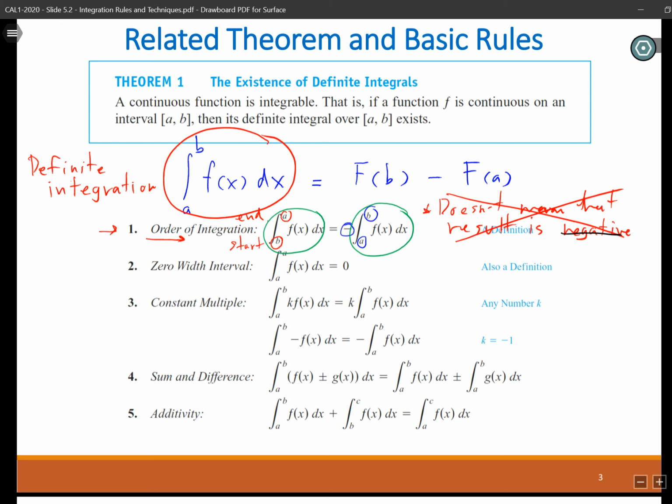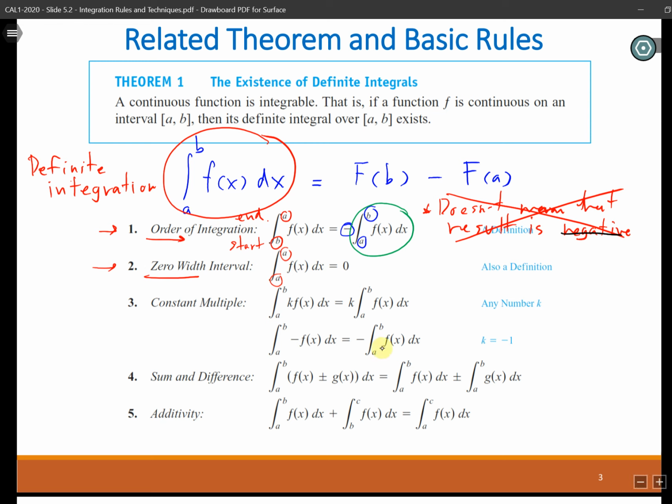All right, next one is the zero width. What does that mean? So let's take a look here. What we have right here is that the starting point is A and the end point is A. Imagine this function in the space, and then you try to find the area under the graph starting at A and ending at A. So this is no area at all, right?